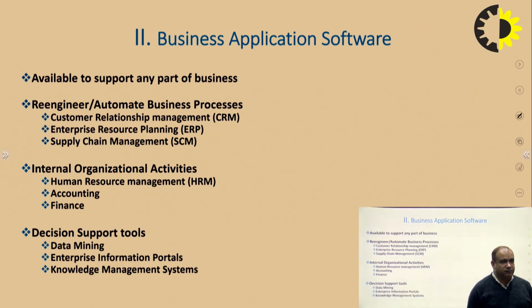These are developed for particular use, and we can re-engineer them according to the customer's need. Second is internal organization activities, which help any person or a specific team to do specific tasks, like HRM software, accounting and finance.